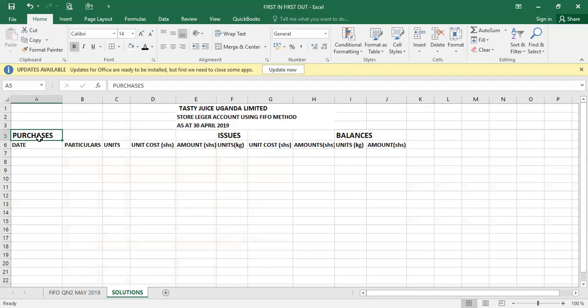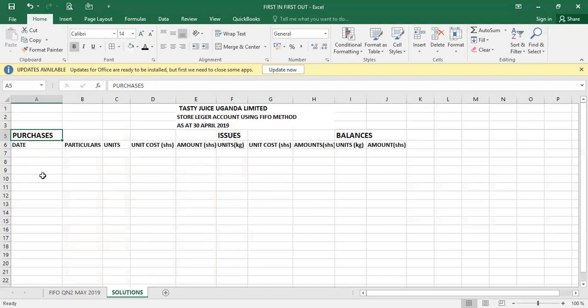If let's say you receive a batch of 10,000 units, when you are issuing out those raw materials, we make sure we first complete the 10,000 before we go to the next batch. So that's the main difference with the others, as we shall see. Okay, we can start.